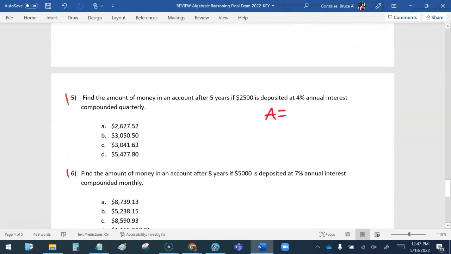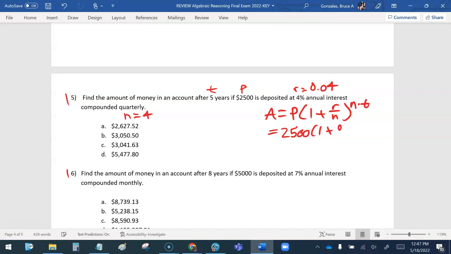Same thing here. A equals P times 1 plus r over n, to the power of nt. So the amount of money in the account after 5 years, that's my t, if 2,500 is our principal, is at a rate of 0.04, compounded quarterly, that's 4. So just got to plug this stuff in. 2,500 times 1 plus 0.04 over 4, to the power of 4 times 5.